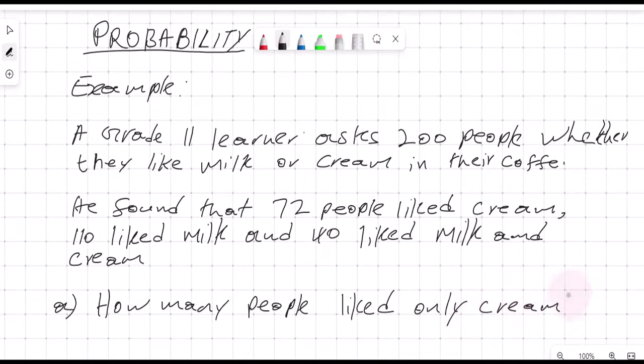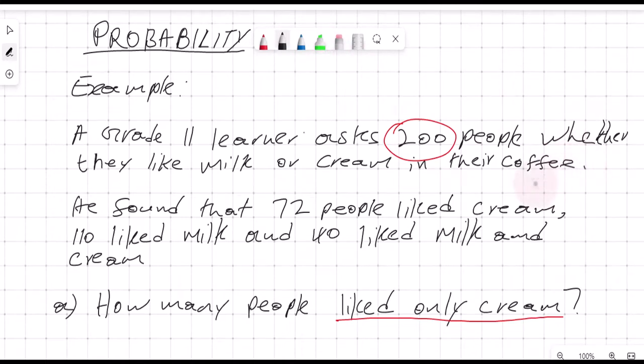So I heard you saying 72. But here we are saying only. So let's reread. A grade 10 learner asked 200 people whether they liked milk or cream in their coffee. Let's read the question and try to understand it.